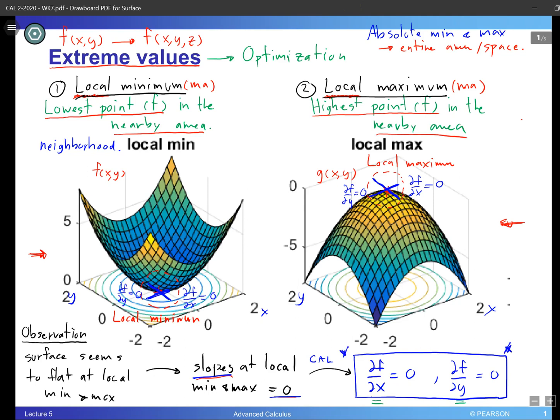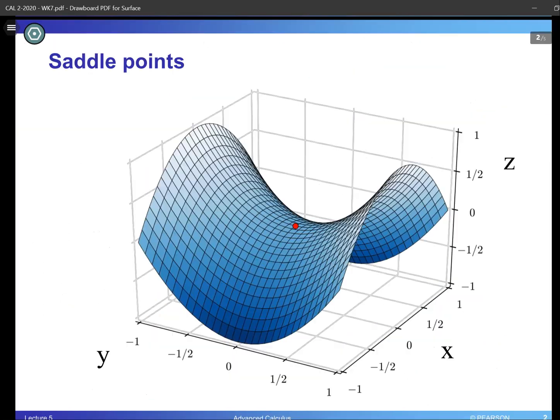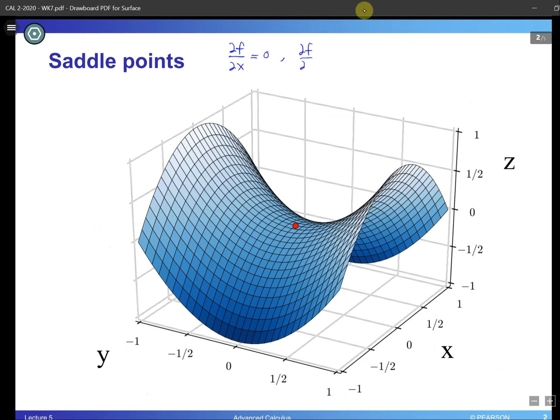Now the question is whether the information that we found is enough to guarantee 100% that these points are either min or max? So let's find out about that in the next slide. So in this slide, we want to check whether this condition of df by dx, the first order partial derivative of f with respect to x equal to 0, and df by dy equal to 0 is enough to guarantee local min or local max.